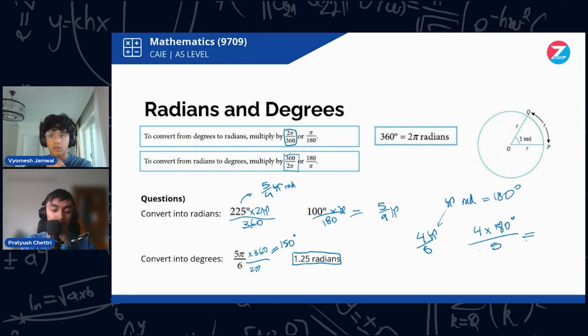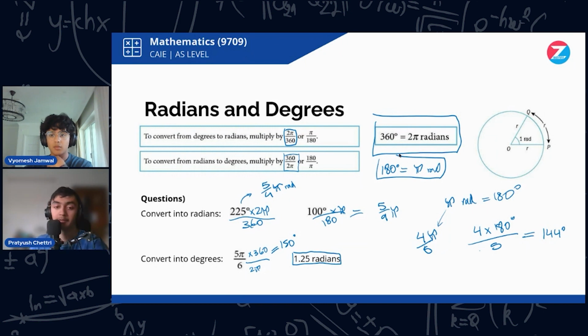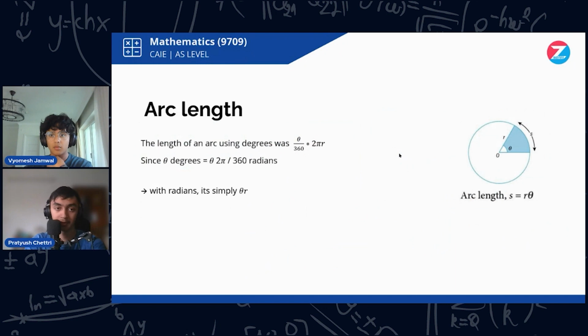What's that? 4 over 5 times 180, 144 degrees. This is an important thing. It's mostly common sense once you remember that either 360 is 2 pi or 180 degrees equals pi radians. I like to remember this simpler one. If we know this, we can mostly do the rest of the chapter. So let's continue forth.